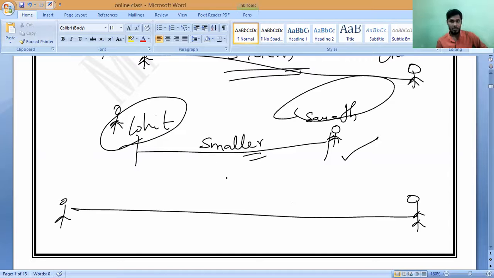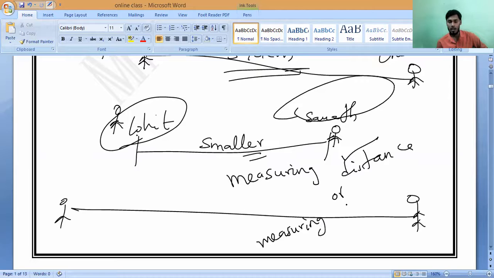I can say measuring distance, or I can say measuring length between the two points, both lead to the same meaning.